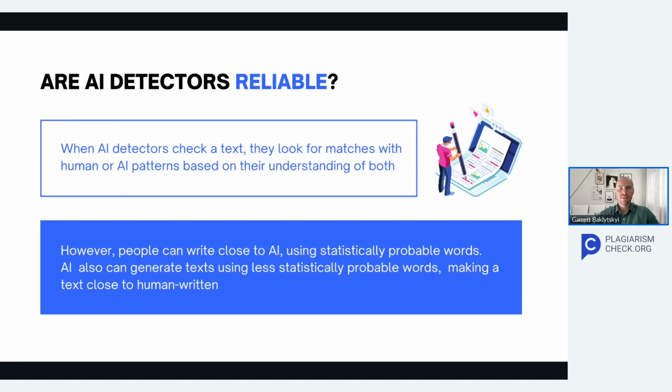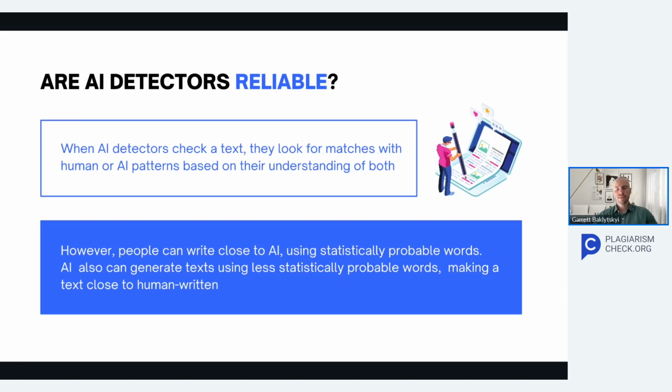When you ask an AI detector to check a text, it will analyze this text for words and combinations of words using statistical probability and compare this data to statistical probability of how AI texts are generated. If there is a similarity between how AI texts are generated and how the text that you asked the AI detector to check was written, then the AI detector will flag that this text is potentially AI generated.